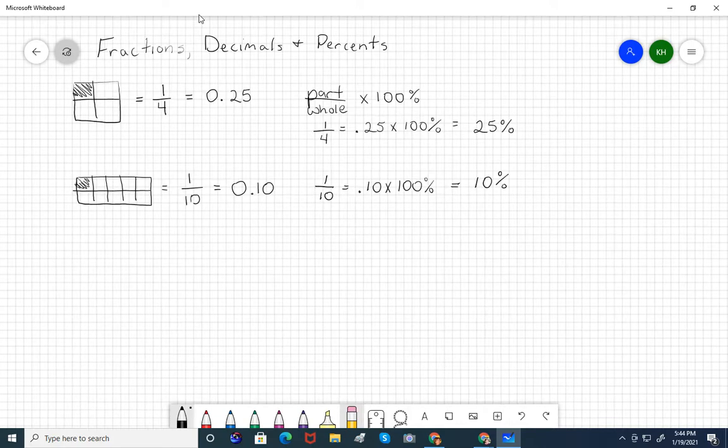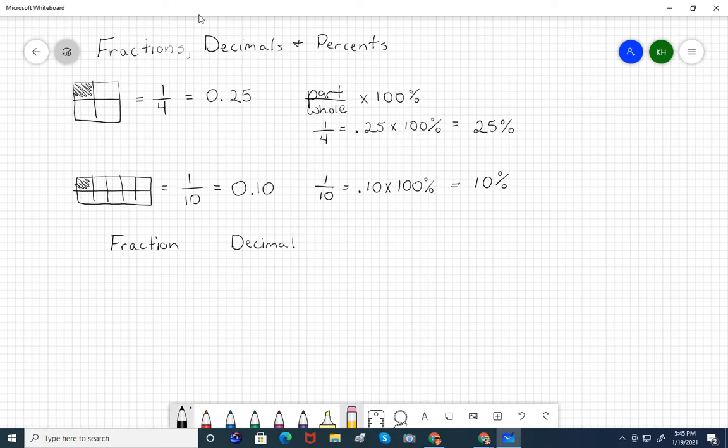Now, you do not have to memorize percents in general. You need to understand how to use them. But there are a few that I think you should know. And I'm going to write those down in a little table. Fraction, decimal, percent.